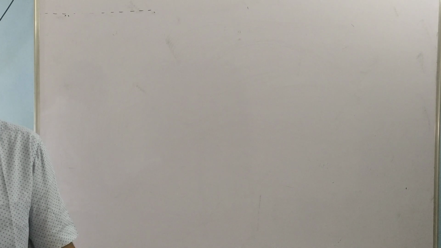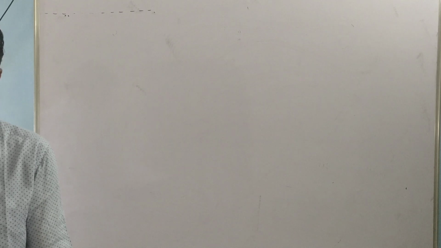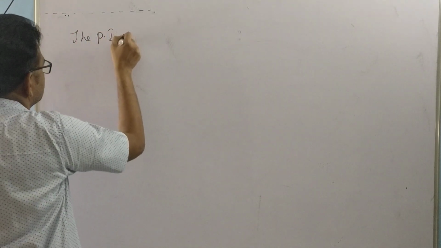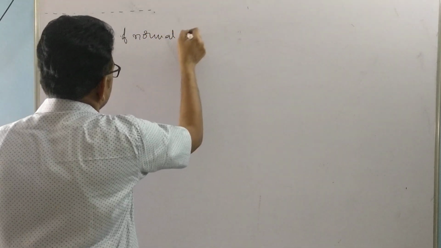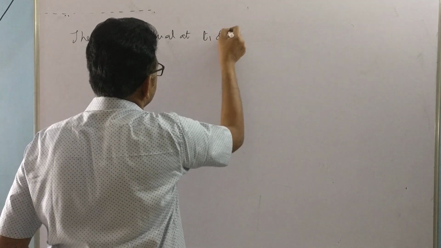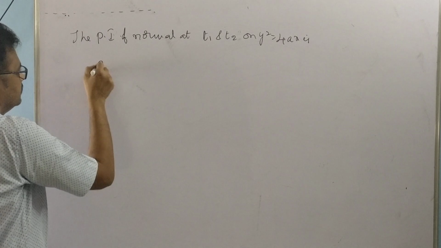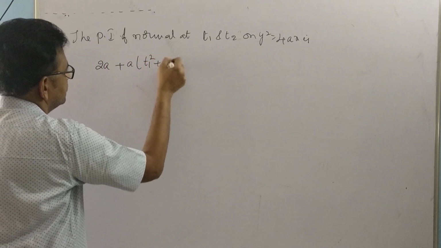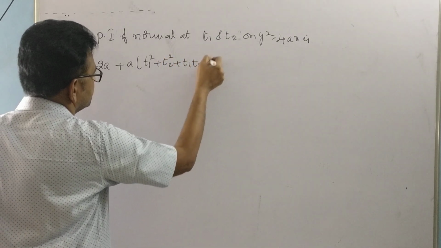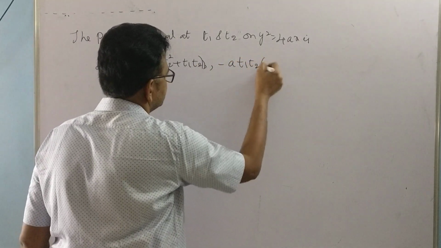Next point: the point of intersection of normals at T1 and T2 on y square is equal to 4ax is (2a plus a(T1 square plus T2 square plus T1 T2), minus a T1 T2 (T1 plus T2)).